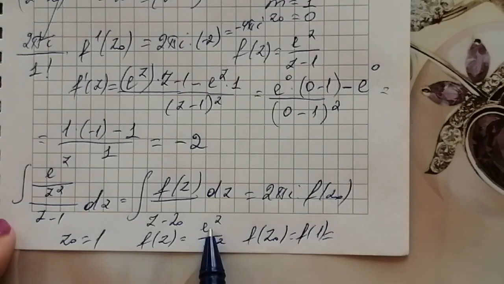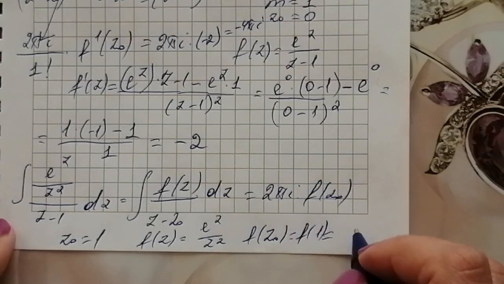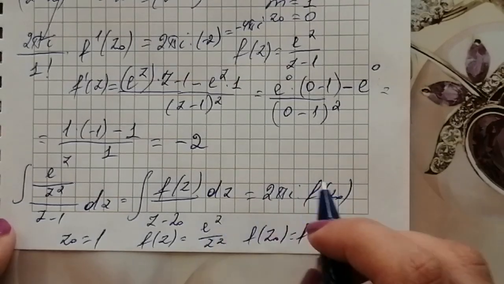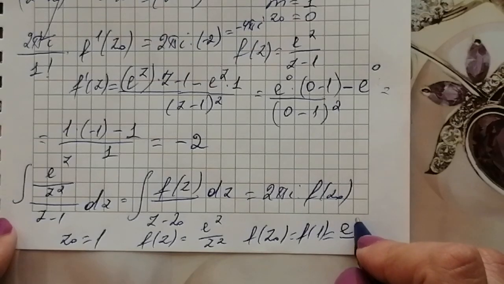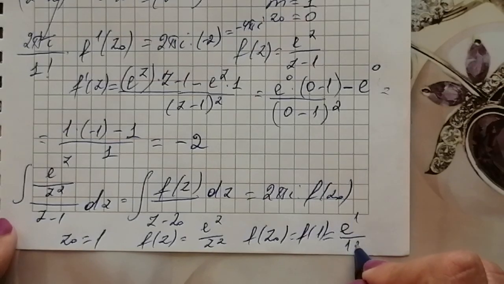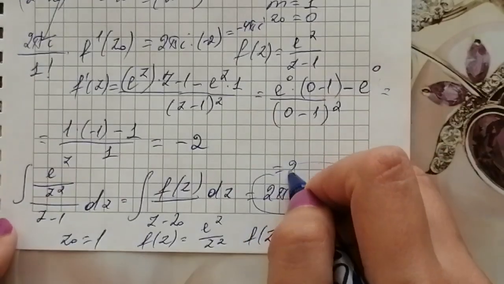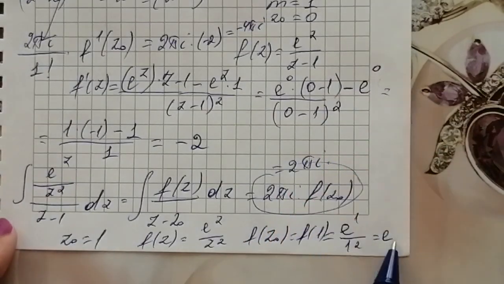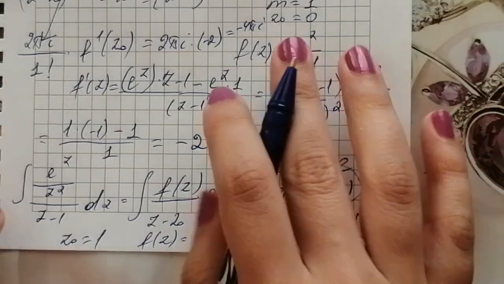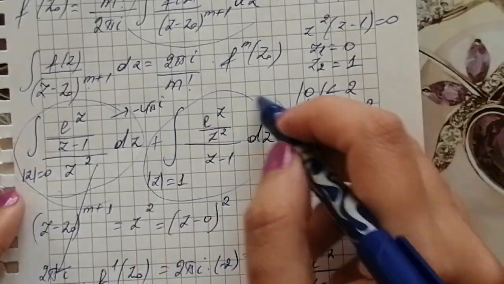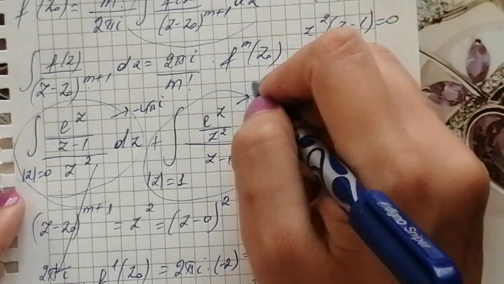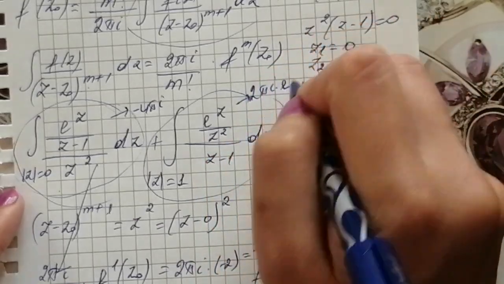Then let's write 1 instead of z. e to the power of 1 over 1 squared is equal to e. Then the integral will be equal to 2 pi i times e because f of z0 is equal to e. So the second part is equal to 2 pi i times e.